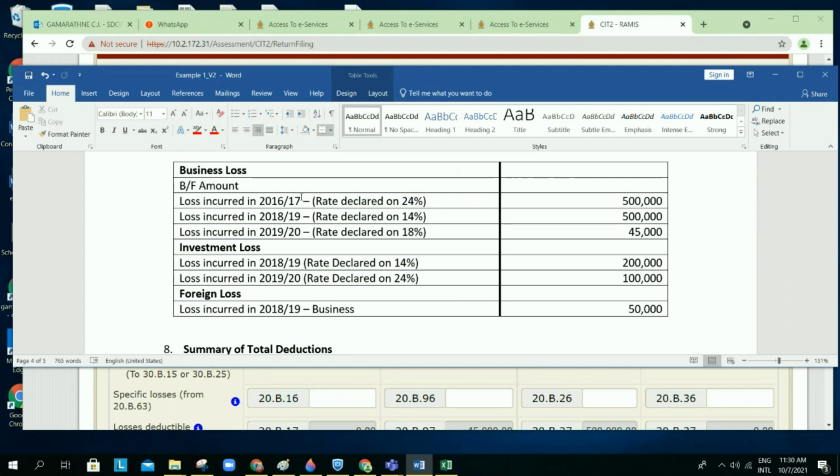That amount we have to consider as the 18-19 losses, because according to the transitional provisions, we can claim 2016 incurred loss from previous law. Then you can declare it as a current year loss in 18-19.